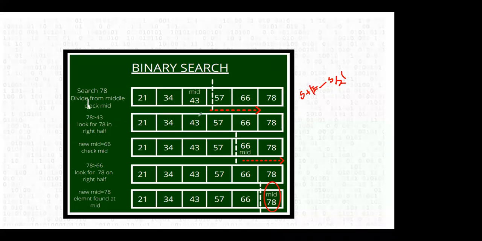So your start will be 0 and end will be 6. So 0 plus 6 by 2 is 3. So you can have this 57 as mid.